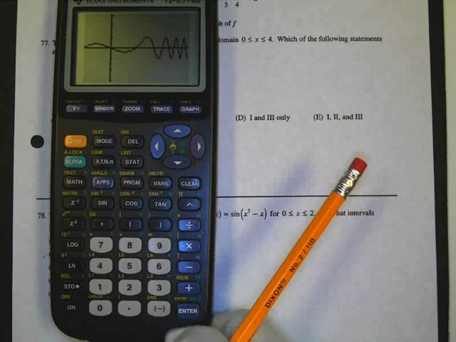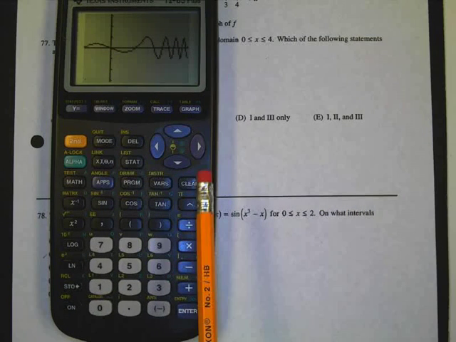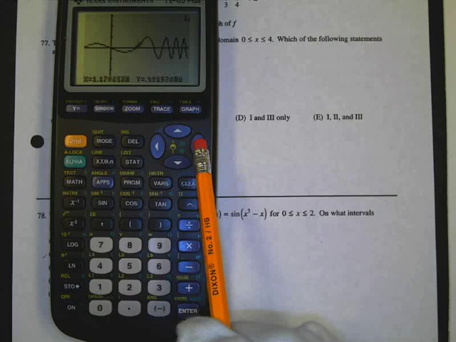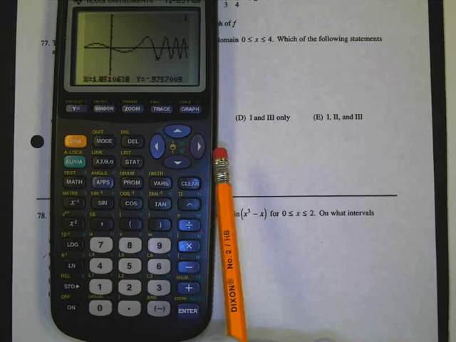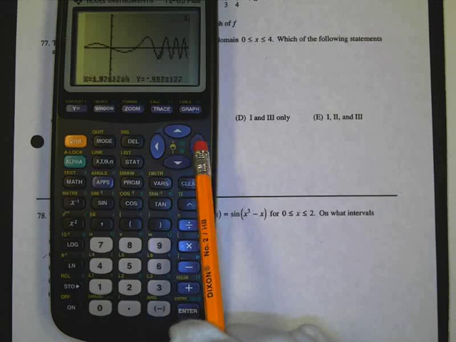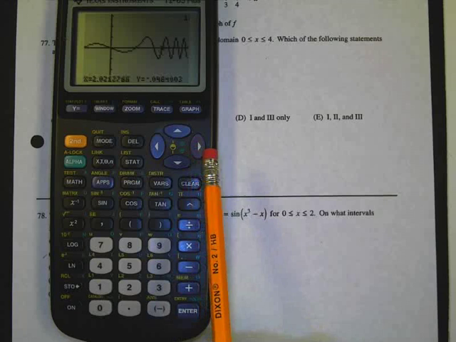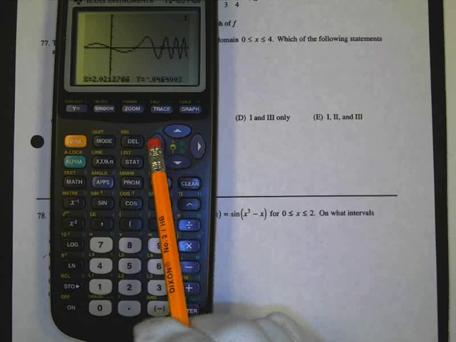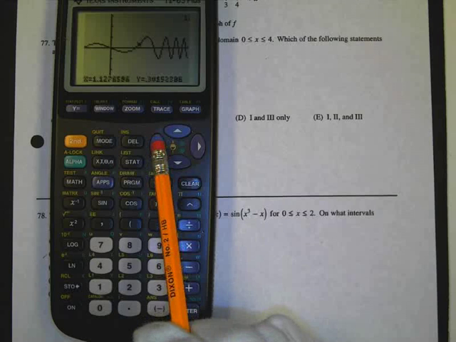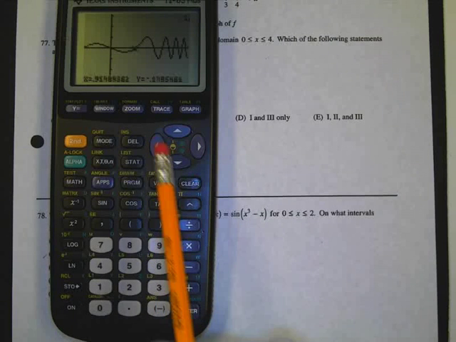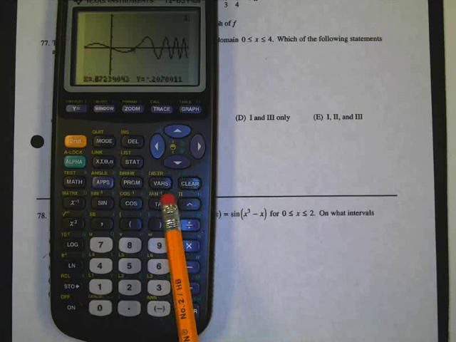This looks like 2 over here, that's greater than 2, so this area over here is all I'm interested in. That little part there is the only time when the derivative is positive. So let's find the interval.